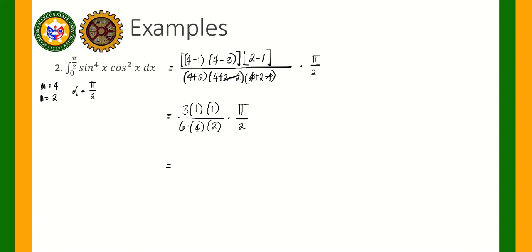And simplifying further, this is equal to 3 all over 6 times 4 times 2 is 48. Multiplied by pi over 2. So, our final answer would be 3 pi all over 96. However, this can be reduced. So, yung final answer natin will be pi over 32. So, this is our final answer for example number 2.